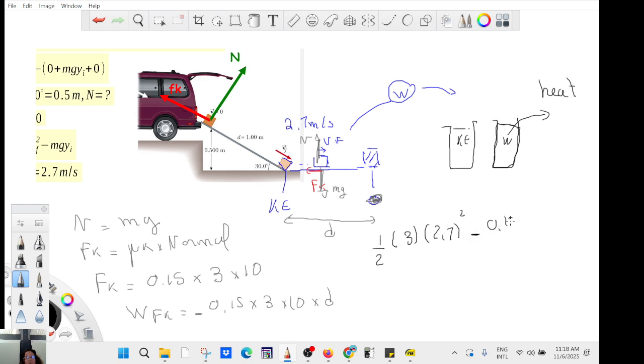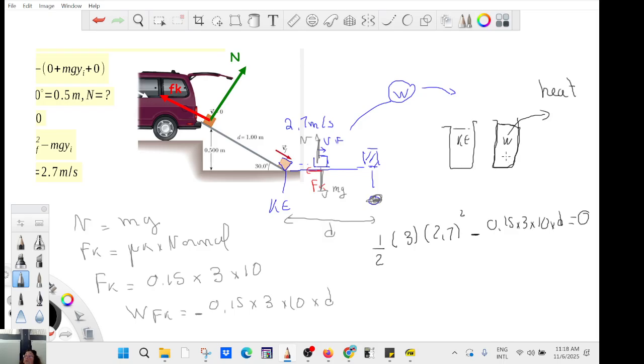So 0.15 times 3 times 10 times d, and at the end, nothing is left. And you can solve for d. Is that clear? So think of a reservoir.